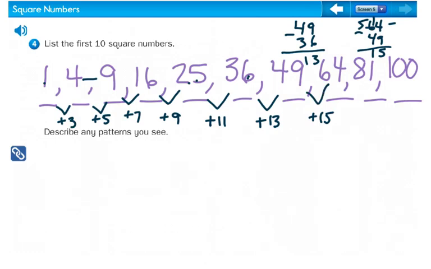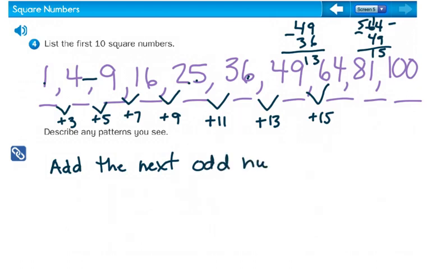Do you see a pattern yet? The pattern is they add the next odd number. So they would add 17, 19, and I could go on endlessly.